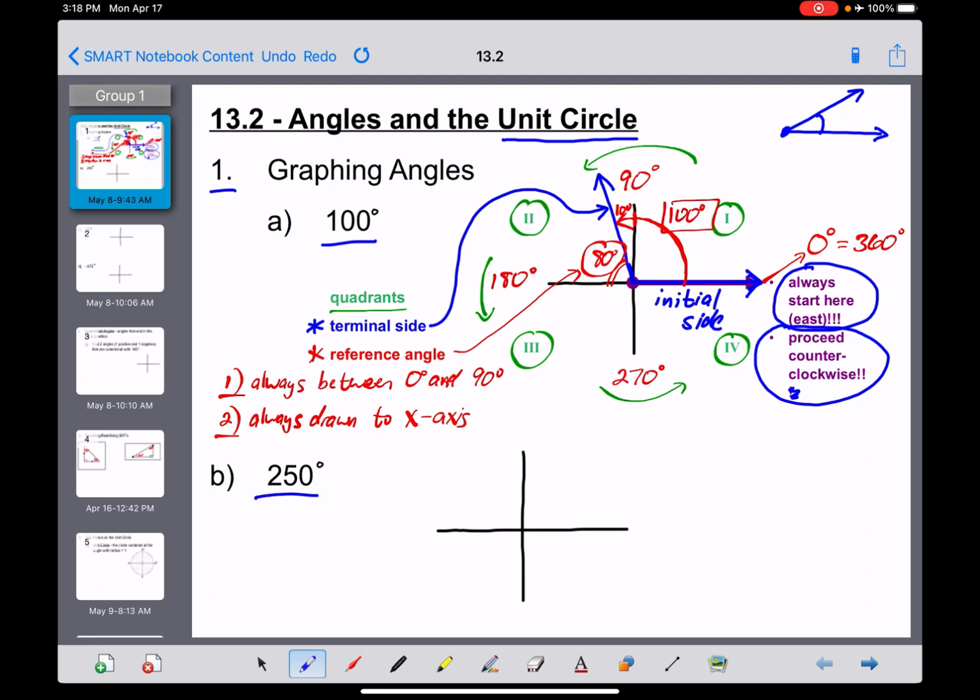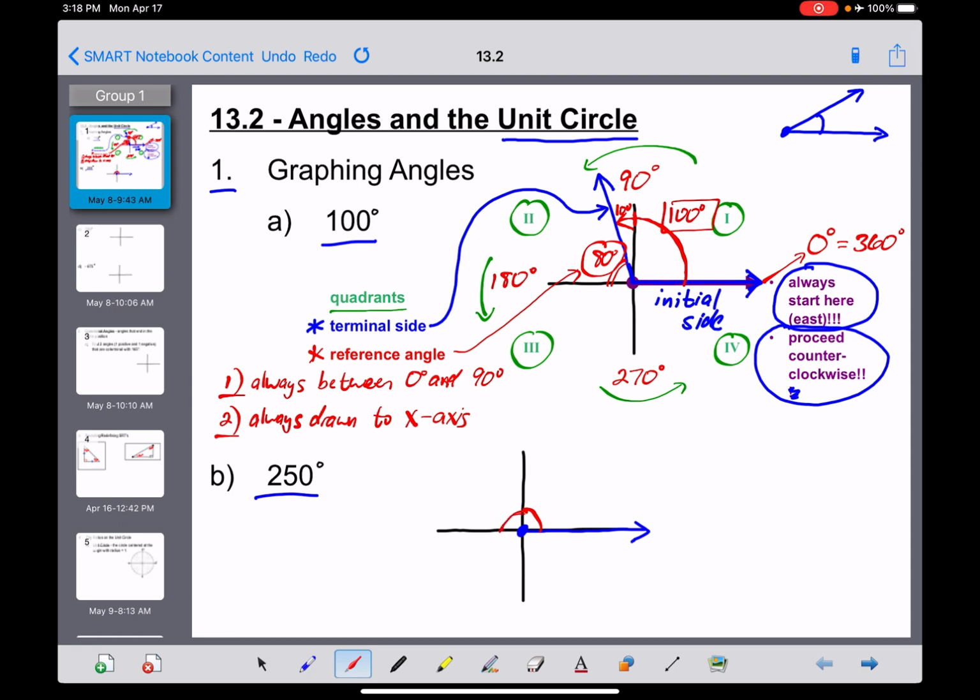Now let's draw a 250-degree angle. So we always, no exception to this, guys, begin by drawing your initial side as a ray pointing straight right to the east. And now let's think about where 250 degrees is going to take us. 250 degrees is more than 90, so I'll keep going, more than 180, so I'll keep going through the second quadrant.